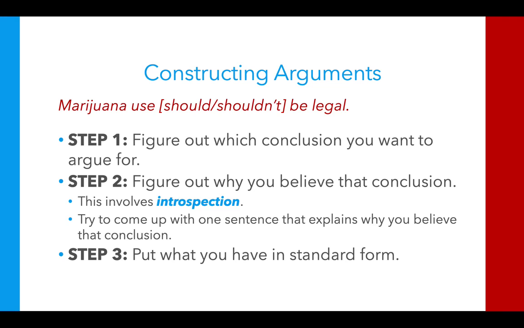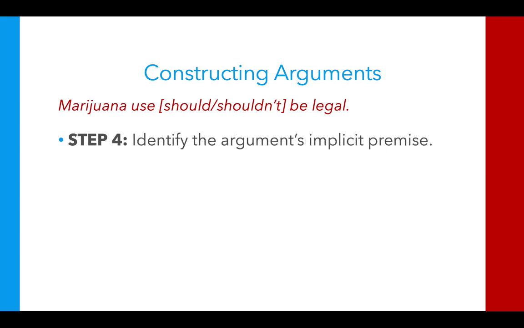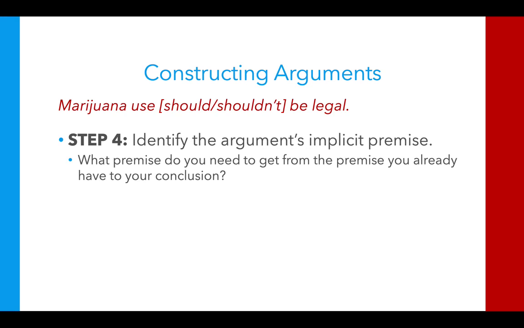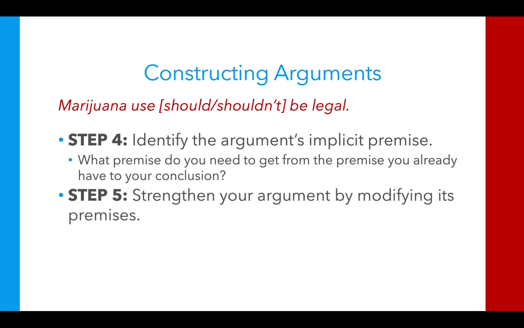So we take our conclusion, we take our premise that we've got, we put it into standard form, and then we identify the implicit premise. What's missing here? As I say, what premise do you need to get from the premise you have to the conclusion?